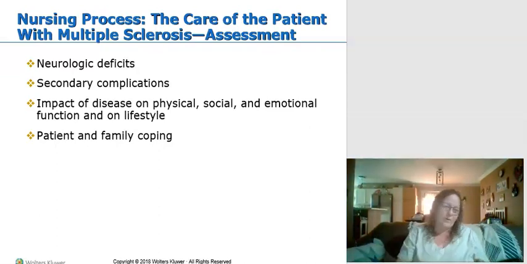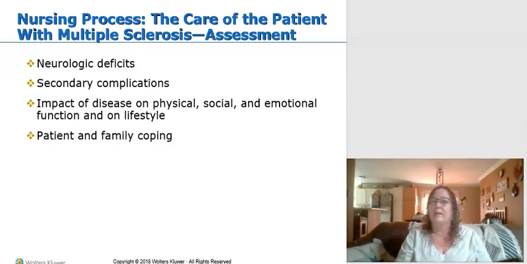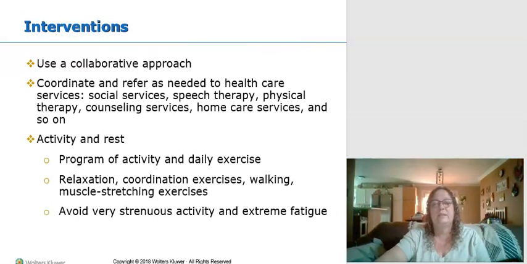So are they able to perform their ADLs independently? Can they still work? Is their house still functional for them? This can be an issue if there's a lot of stairs, or it's a second story and your bathroom's on the second story and you're having mobility issues, that sort of thing, right? And how is the patient and family coping with this? And we want to support those measures, right?